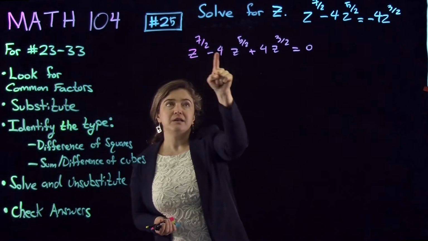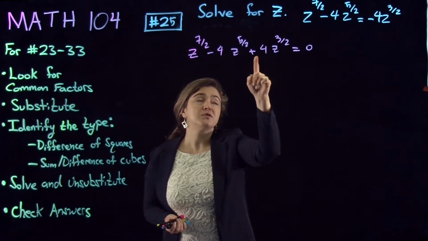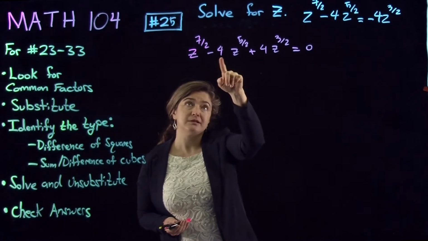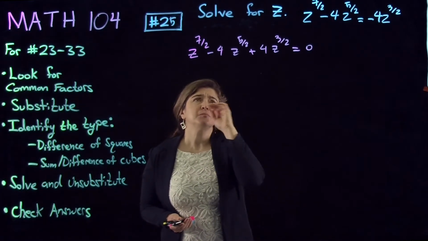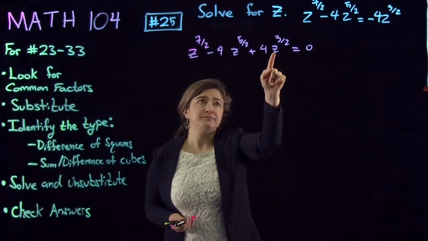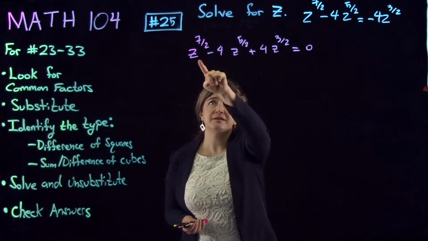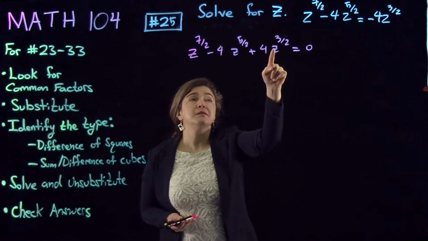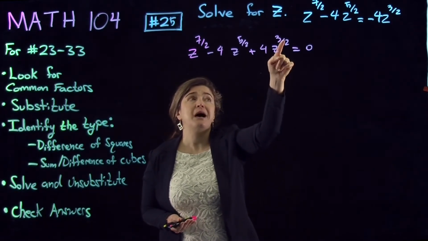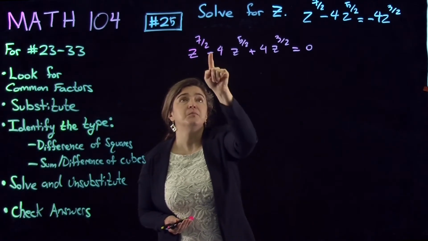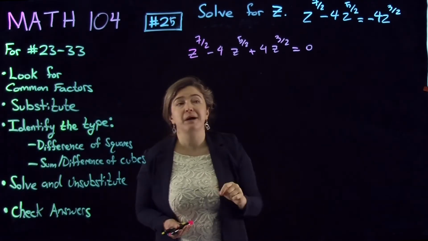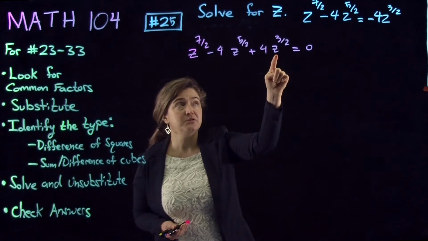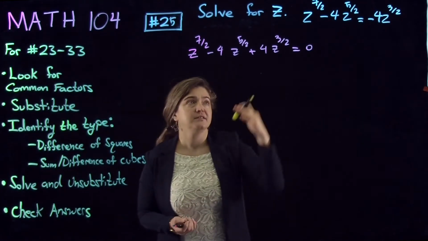This one is 1, this one is 4, this one is 4, so I don't see any common factor other than 1. But when I'm looking at the variable part of it, I see that we have at least z to power 3 half and a bigger power over here. So I'm able to actually factor z to power 3 half in here.